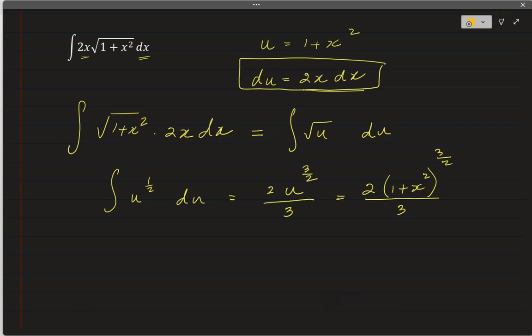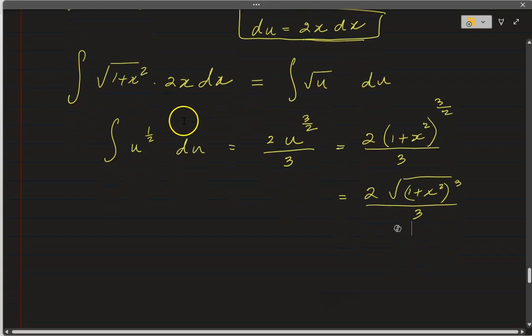You can leave it alone like that, or you can simplify it more, and that becomes 2 times the square root of (1 plus x squared) cubed, all over 3. And that's basically it. Yes, you can simplify it more, but this is as good.